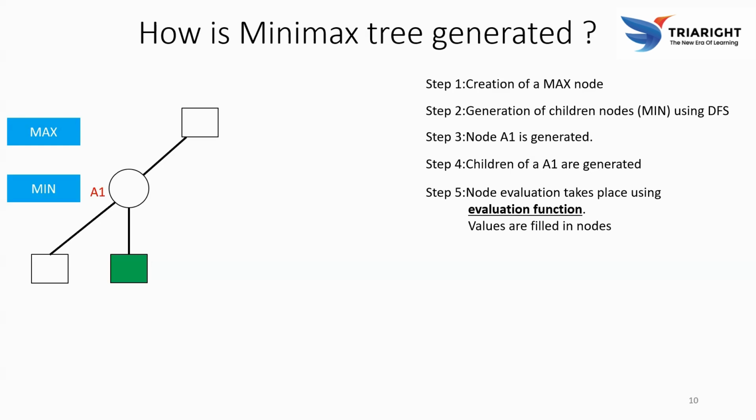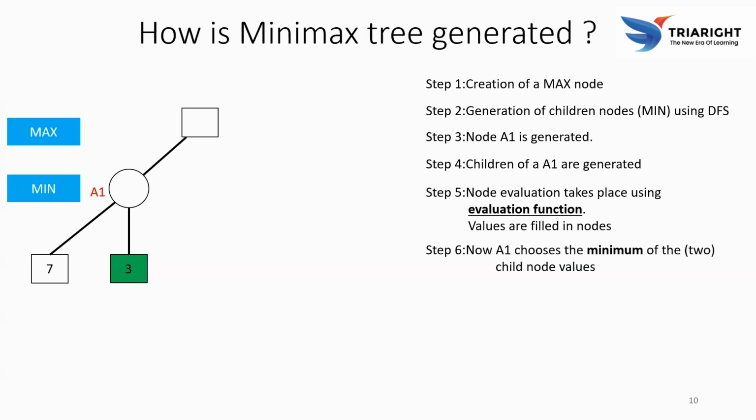Also known as the heuristic function, it assigns a numerical utility value or score to each of those leaf nodes. The value represents how favorable that particular game state is for the maximizing player. For example, in chess, a positive value might indicate an advantage for the max player, and a negative value an advantage for the min player, like that.